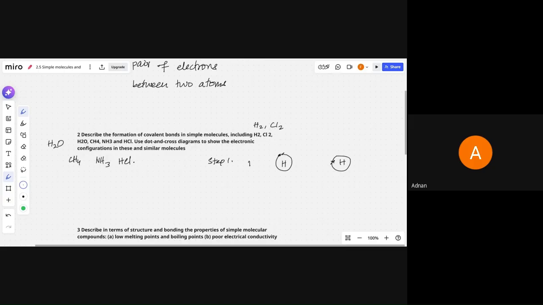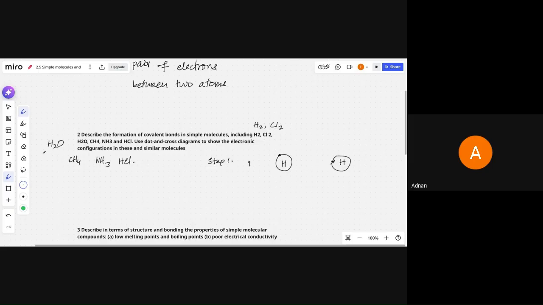So one is already there, and it will require one more. Similarly, the other hydrogen atom has one, and it needs one more to have a complete shell of two electrons. So both of them will share one electron each with each other, and a bond will be formed.